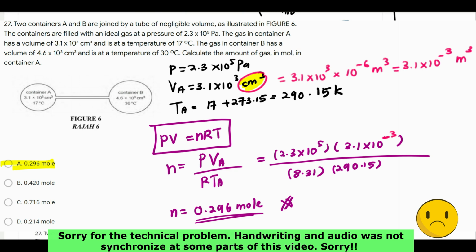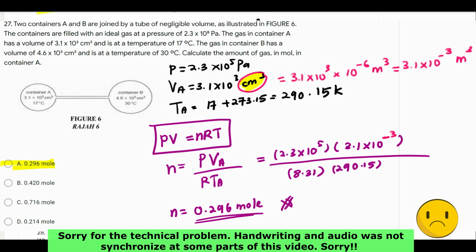Kita nak tambahkan dengan 273.15 and change the temperature to Kelvin. So we are going to have 290.15 Kelvin. The gas in container B has a volume and is at temperature 30 degrees Celsius.